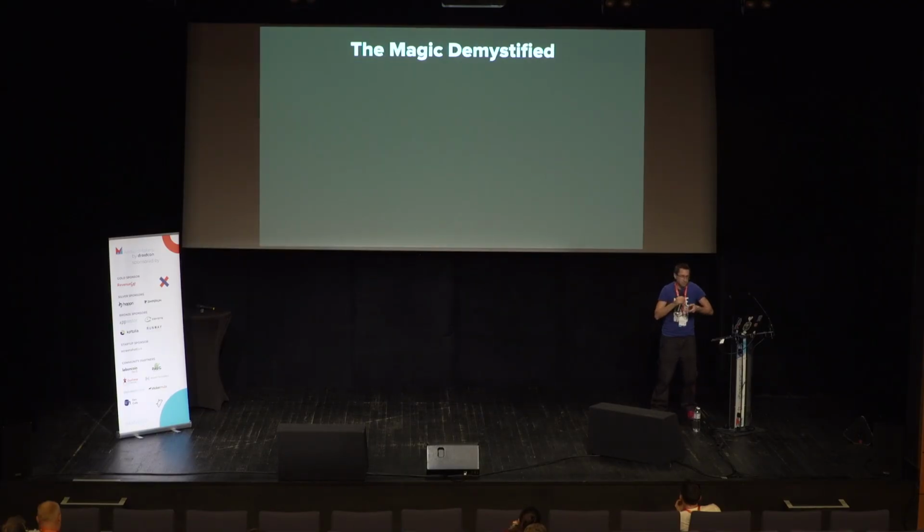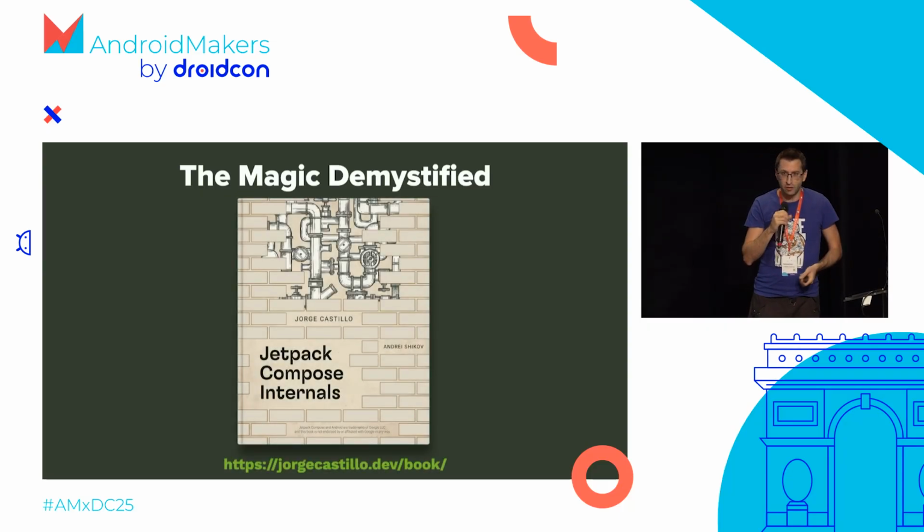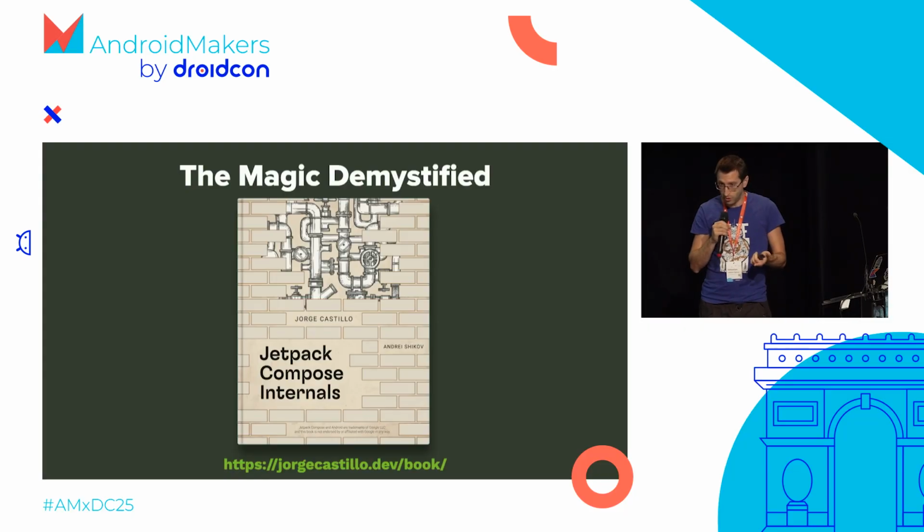But of course, with magic, you will think, oh, I come to this talk and Sebas is going to demystify all the magic. I'm going to explain you all the performance things. I'm sorry to tell you right away, that is out of the scope of this talk, because that will literally take a whole book to explain all the internals of Compose. So here is a shout out to Jorge Castillo, who has this amazing book called Jetpack Compose Internals.